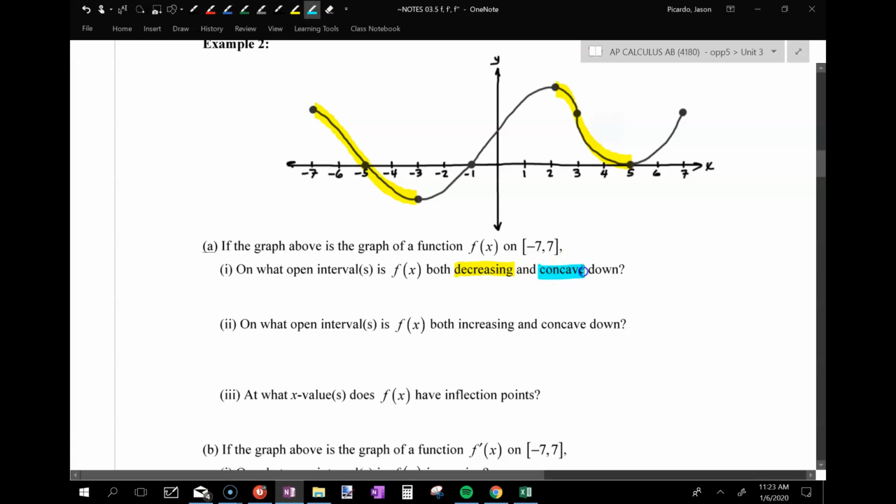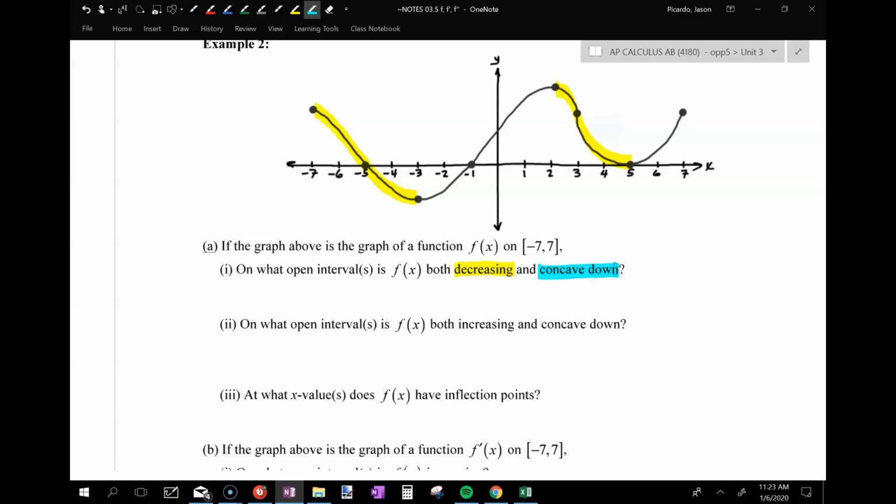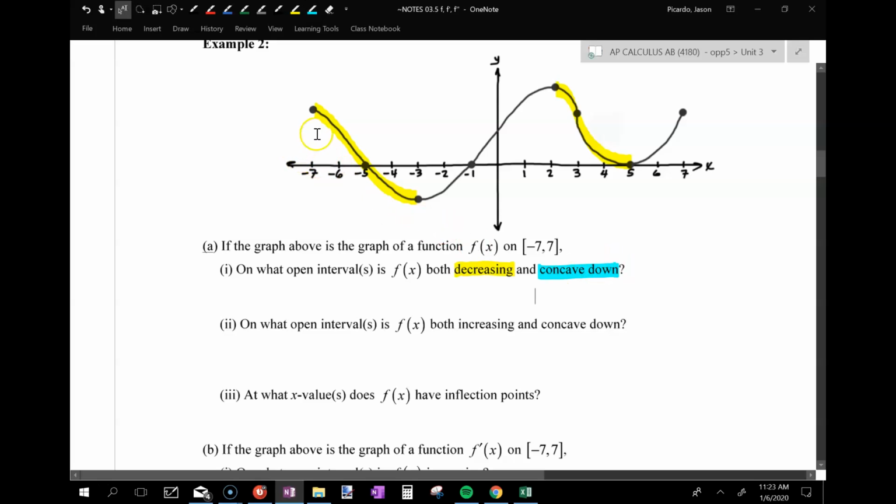All right, where am I concave down? Concave down is anywhere in this graph that it cups. Oh, not cups. Concave up looks like a cup, concave down looks like a frown, right? So it's kind of hard to tell, but does this piece here look like a cup or a frown? Kind of a frown, so it's concave down.